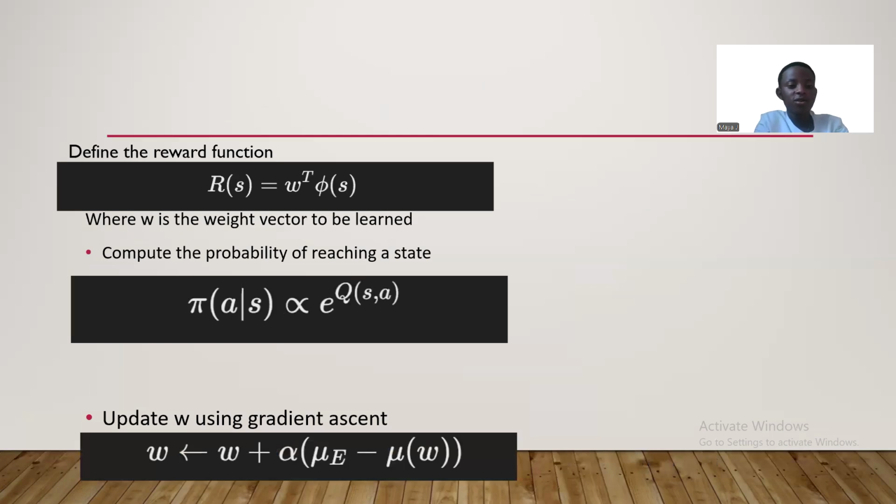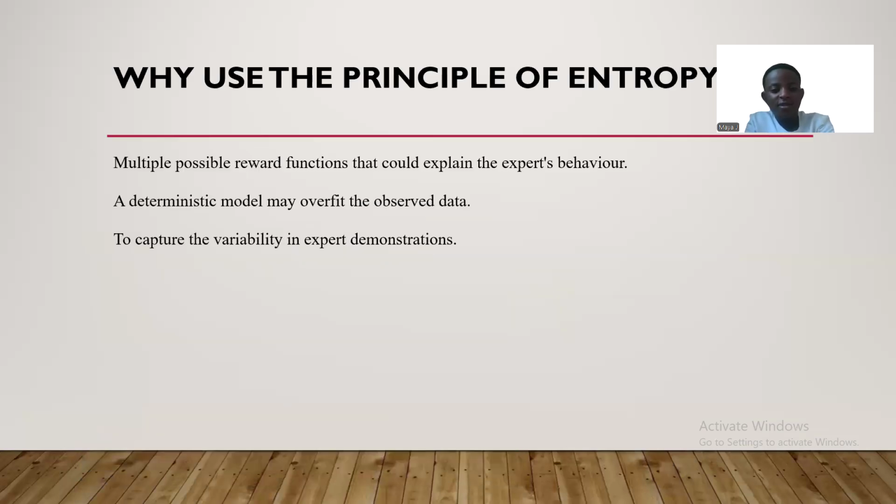Next, you define the reward function to try to induce or infer. In this case, W is the weight vector to be learned. Next, you compute the probability of reaching a state. Then you update the value of W, the weight vector to be learned, using gradient ascent.